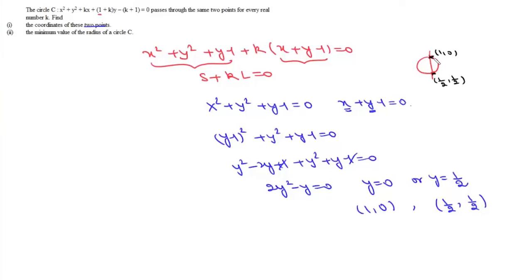The circle with minimum radius will have these 2 points as the ends of a diameter. So the radius of such a circle will be given by 1 by 2 into the distance between these 2 points. So 1 minus 1 by 2 is 1 by 2. So it will be 1 by 4 plus 1 by 4, and it is 1 upon 2 root 2. So the minimum value of the radius of this circle C is 1 upon 2 root 2.